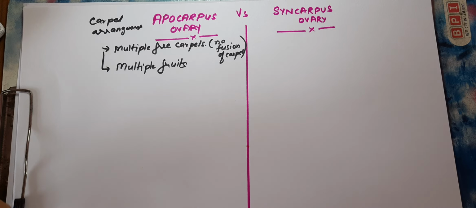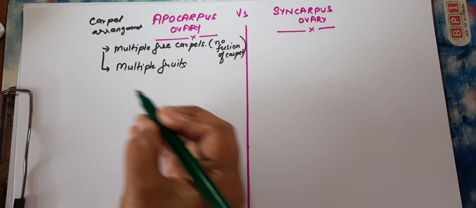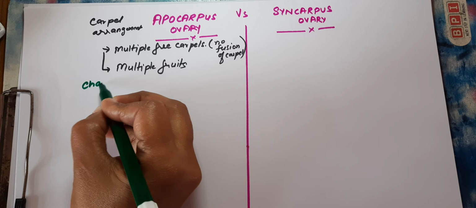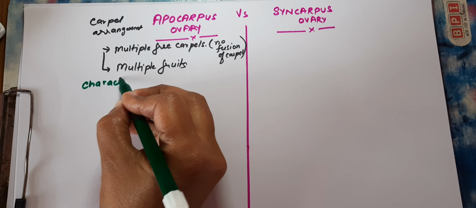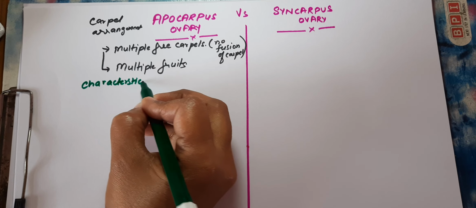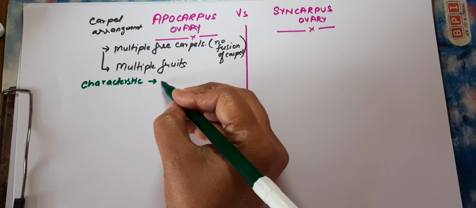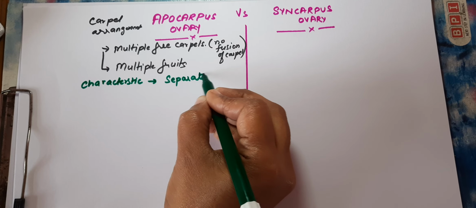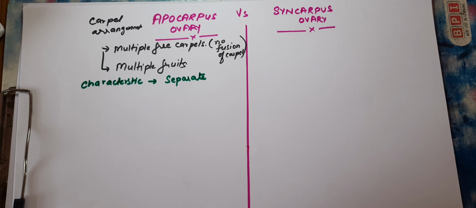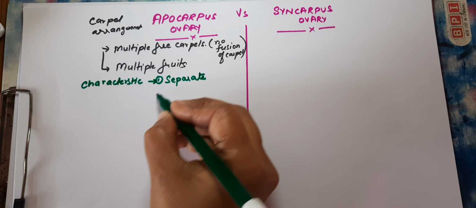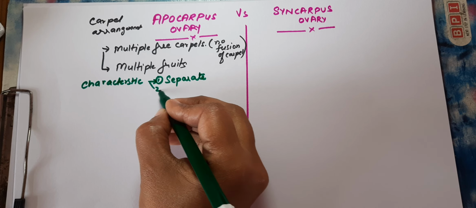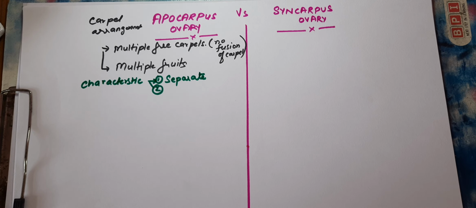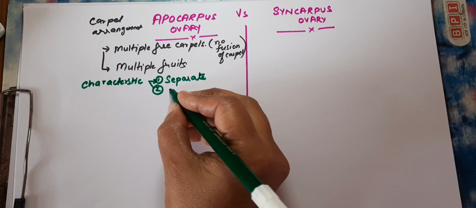Now if we talk about the characteristics of the apocarpous ovary, the first characteristic is that the carpels will remain separate, so each carpel will form its own ovary. The second is that each carpel will develop into an individual fruit, so this will lead to aggregate fruit formation.